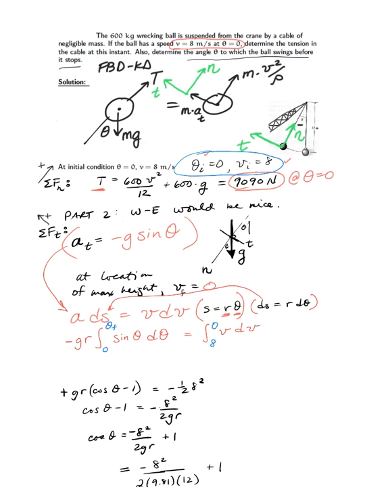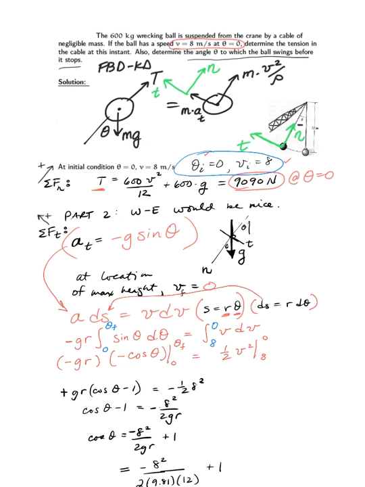So I can go ahead and integrate this. So I'm going to go back and carry this down, minus gr out in front. I've got minus cosine theta evaluated from theta f to 0. Over on the other side, I have 1/2 v squared evaluated as seen.